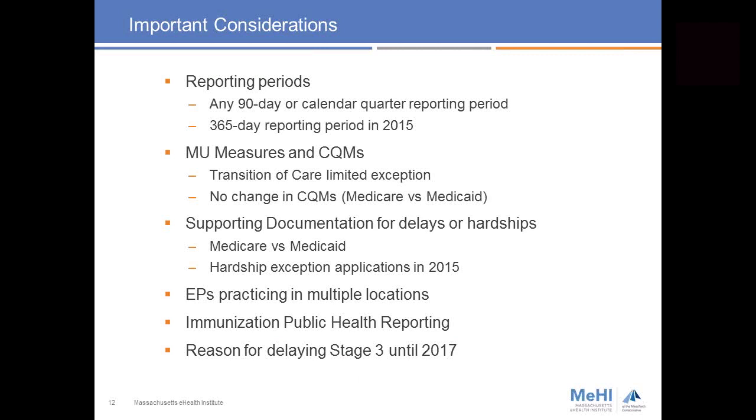For first-time Medicare applicants, the same rule applies, any 90 days. For Medicare applicants in their second, third, or fourth years, it's any calendar quarter. So that's January through March, April through June, July through September, and October through December.